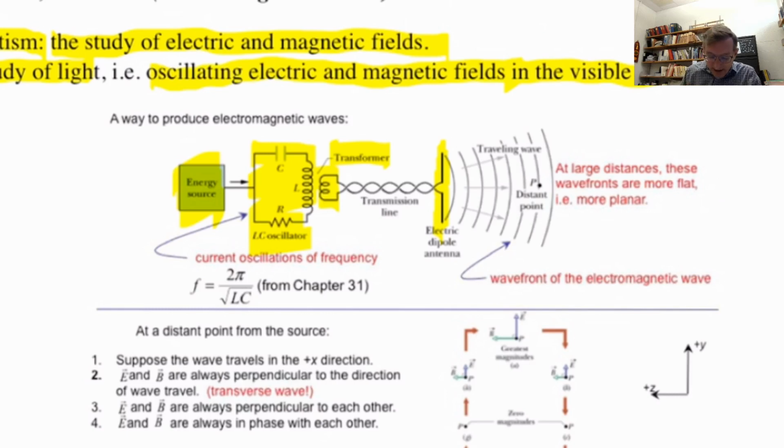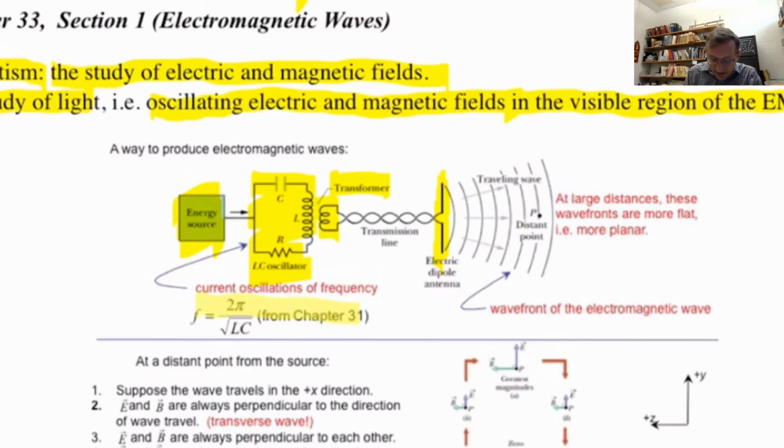And it oscillates up and down at a frequency f determined by the L and the C. And that frequency is f equals 2 pi over root LC. The oscillating current up and down in the dipole antenna means, say, electrons are accelerating up and down and up and down. You get an electromagnetic wave. Okay? You have to have accelerating charge.